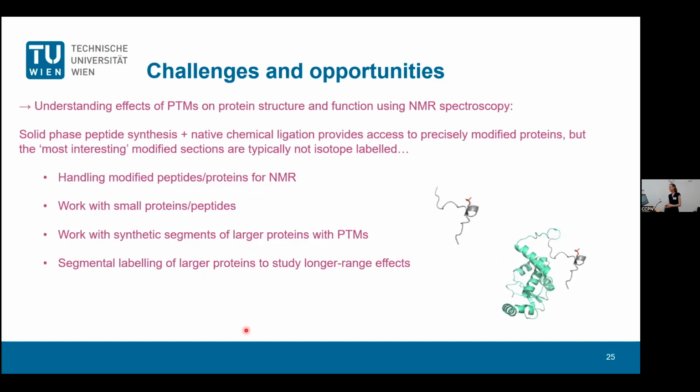So just to recap, working with synthetic peptides gives us great access to specific modifications, but not great access to isotopes. But there are ways around that. Either we just work with the small peptides, or we can stitch them together into bigger proteins and use segmental labeling to look at bigger proteins and longer range effects.